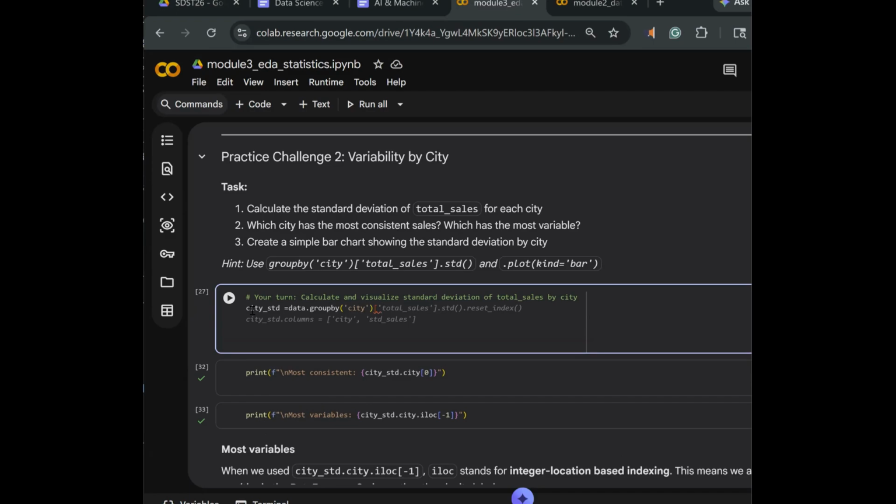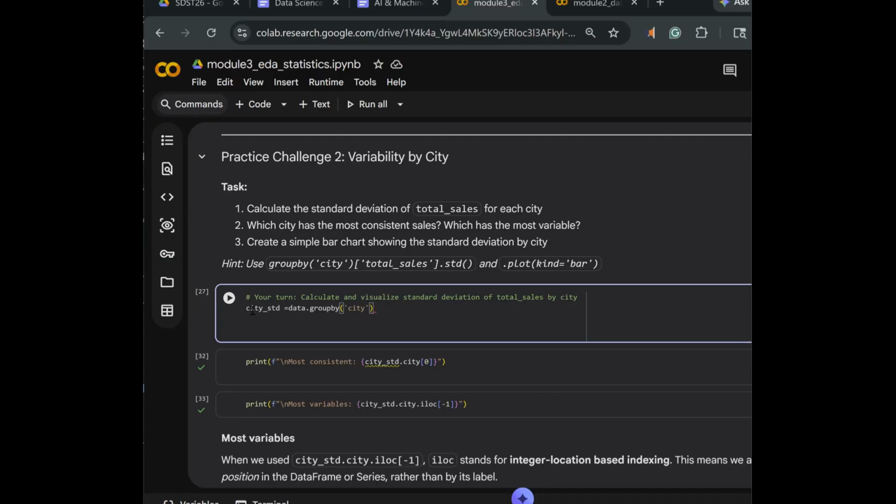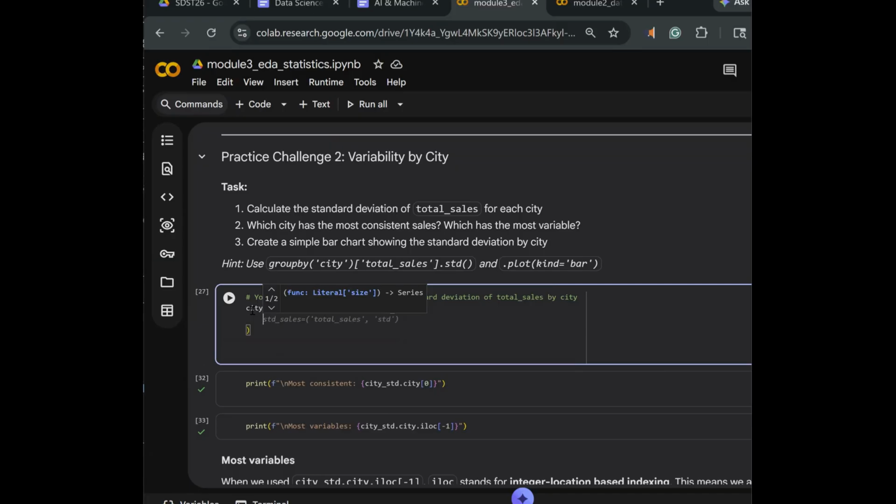I like to use the aggregate method so that we get familiar with that. Now we say the column we want to use is total sales, and the operation we want to carry out is standard deviation.